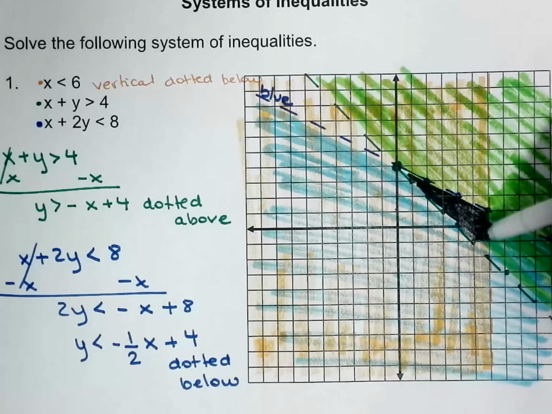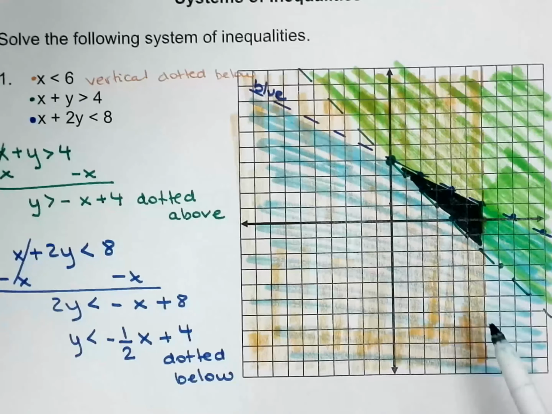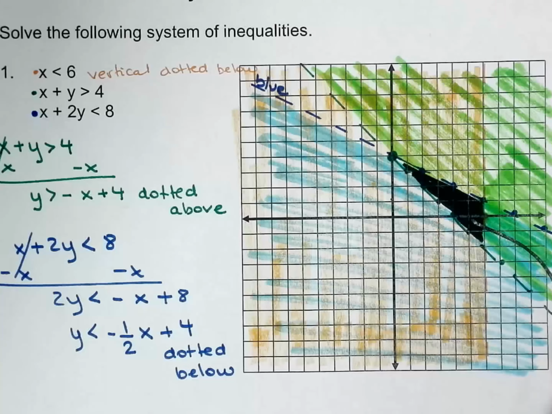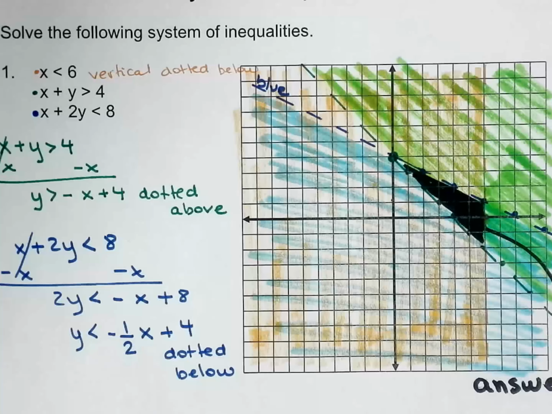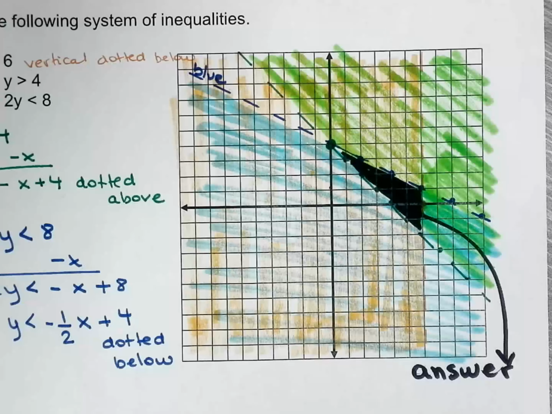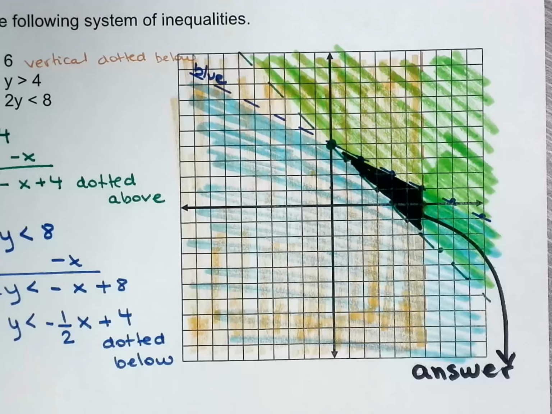That means any point that lands on that really dark area, that's your solution. That's your answer to your system. So we're going to write answer right there. So your final answer to this system of inequalities is that region right there where all three of them overlap.